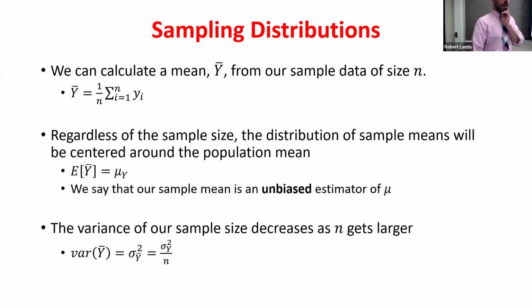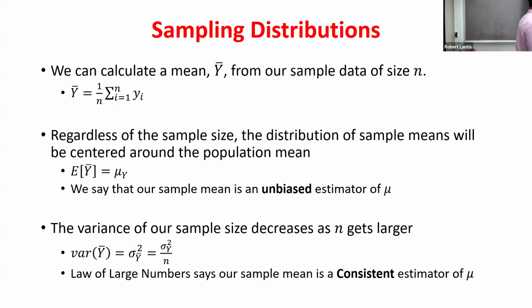So if the expected value of our sample mean is the population mean, and we need a certain sample size for that to be true, which we'll talk about next class, we'll call it unbiased. We say that it's consistent if, over a certain sample size, the variance of our sample means is the original variance of the data over our sample size.